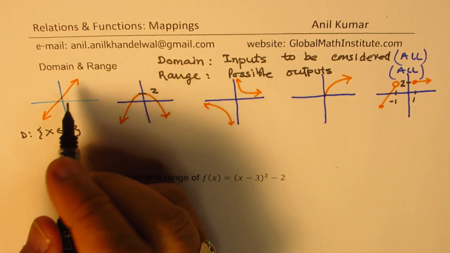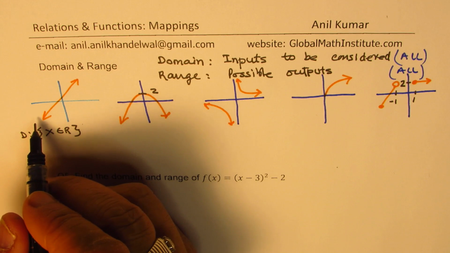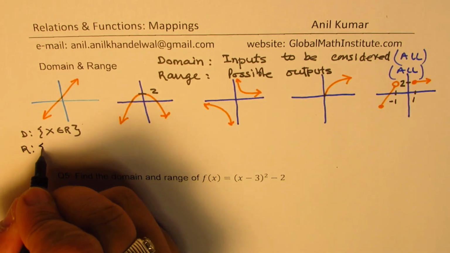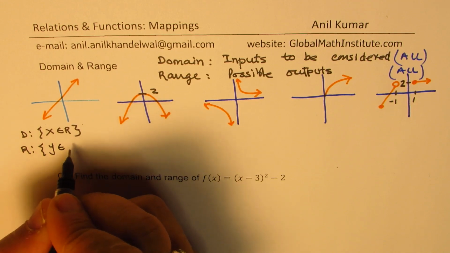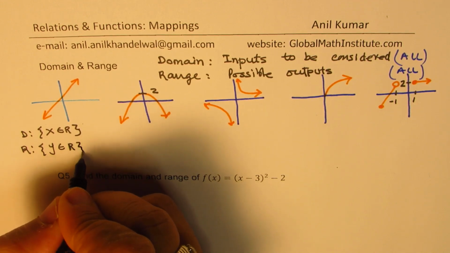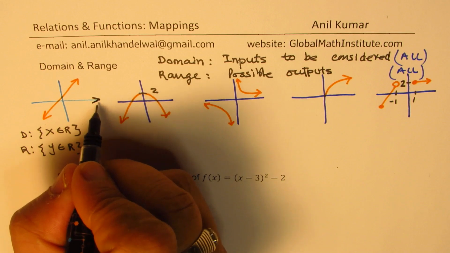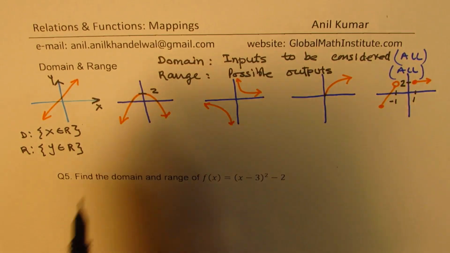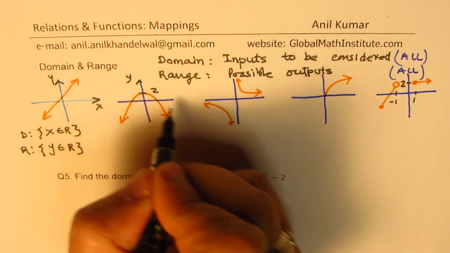That means there are no restrictions, right? All values are allowed. And the range written by letter R will be y values. They all belong to real numbers. So the x-axis represents the domain, the y-axis, all possible outputs as range. Does it make sense to you?